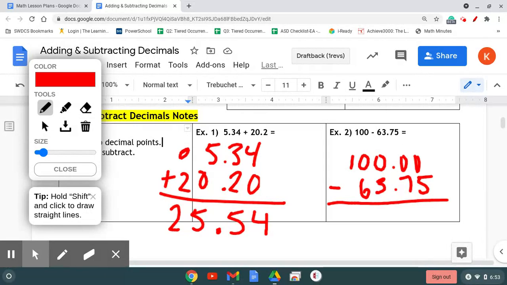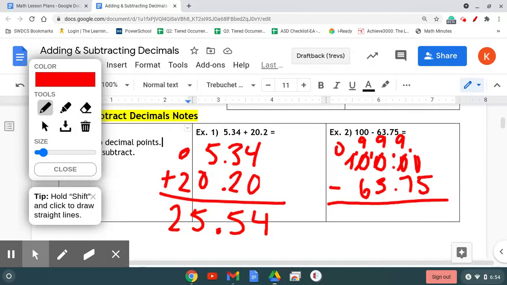So we need to go all the way to the 1 and start borrowing. When we borrow, the 1 becomes a 0. The 0 becomes a 10. We need to cross that out and make it a 9 because we have to keep borrowing. 0 becomes a 10, and we need to borrow from it. Now we're good to go. Now we can start subtracting.